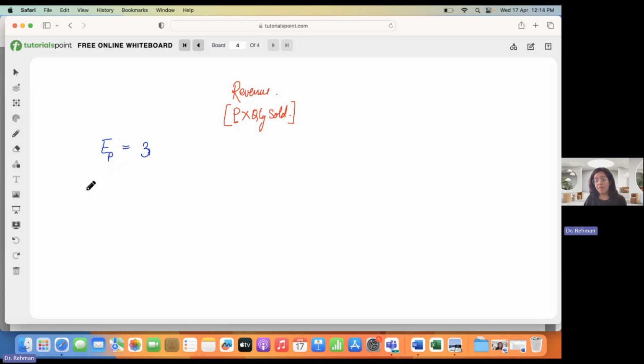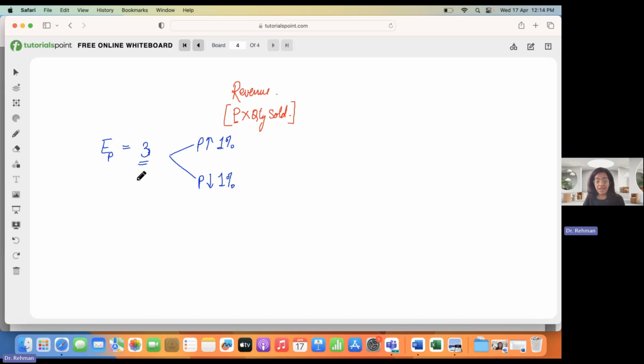So you're producing a product whose price elasticity of demand is 3. You have two options. Either you can increase the price by 1%, or you can decrease the price by 1%. What are you going to do? Are you going to increase the price or decrease the price?